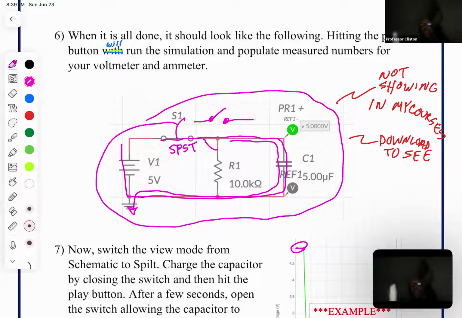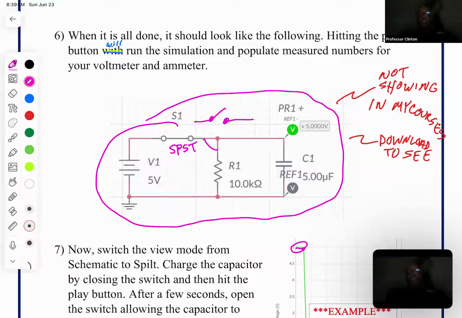If you're doing this in class, you want to be very careful. Make sure you're using your probes to determine how much charge is left on that capacitor. In class, typically you use capacitors that don't hold a whole lot of charge.